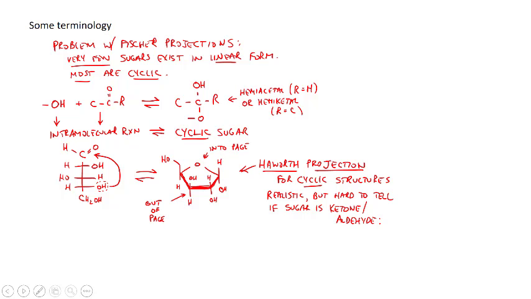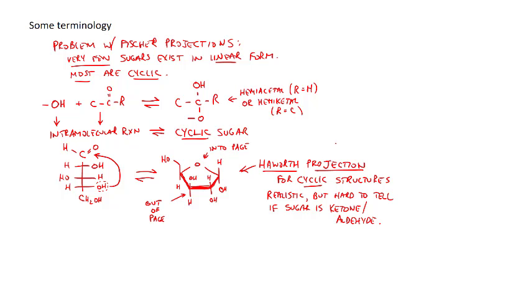Now, I can tell you just from experience that this one is an aldehyde. Okay, how do I know that? Well, I knew that because I know how to draw Haworth projections starting from Fischer projections. So I do not expect you, by the way, to be able to draw Haworth projections starting from Fischer projections. So that's not something that you will be tested on.